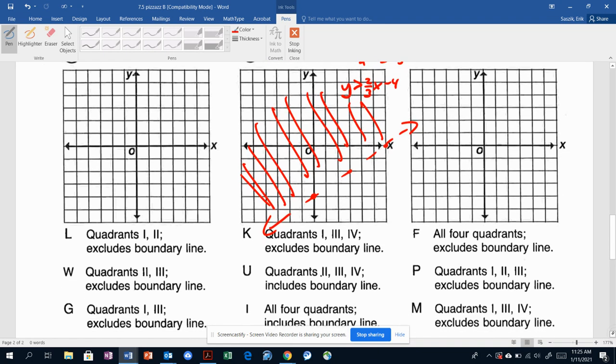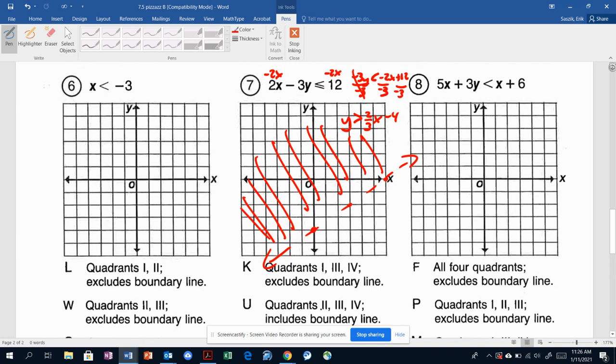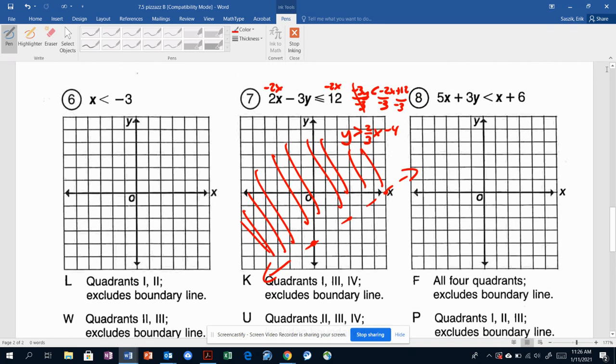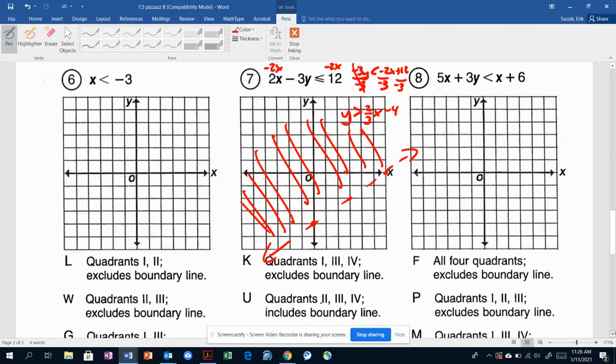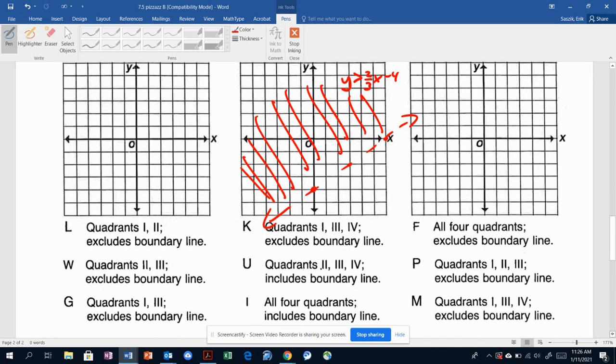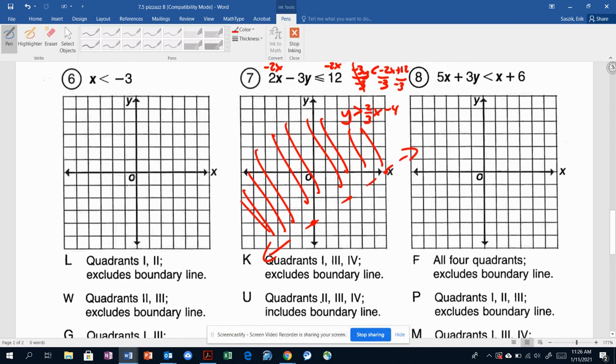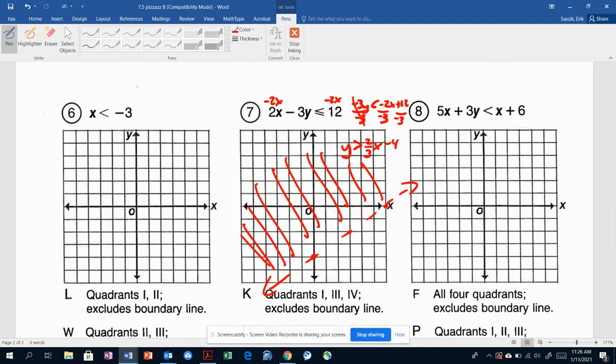So I'm in all four quadrants. I think I might have made a mistake here. Let's see here. Negative 2x. Oh. All right, so I got to find my mistake here. Subtract 2x. I did that.